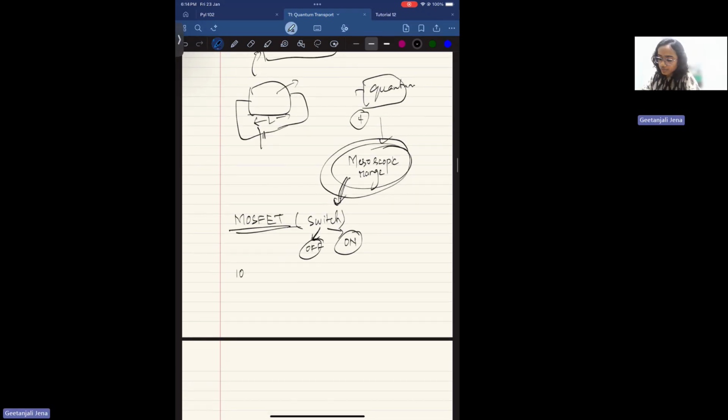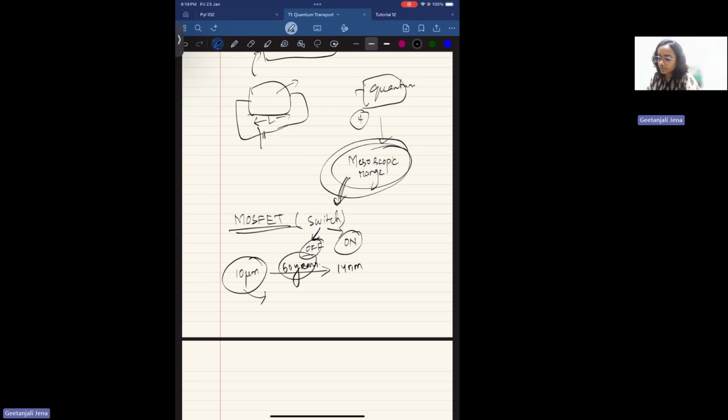Over 60 years, we have seen the dimension of this MOSFET reduced from 10 micrometers to a dimension of 14 nanometers.